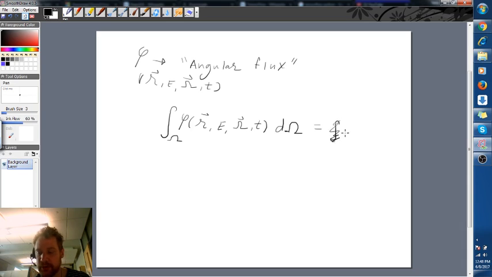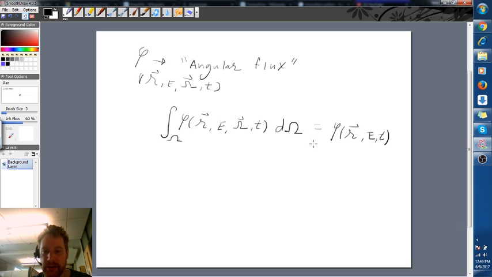Sorry, I should write that as phi of r, e, and optionally t, which is a better notation for optional parameters.